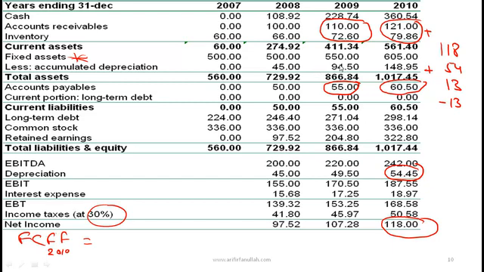The way you figured that out, since I've not told you anything else, the simplest assumption is to look at the increase in gross fixed assets. That's the simplest thing to do. Obviously, depending on what else is sold, this might change, but I'm not telling you about anything being sold. So if your fixed assets went up from 550 to 605, what do you think your investment in fixed assets was? 55. So you subtract the 55 and you should get 118.